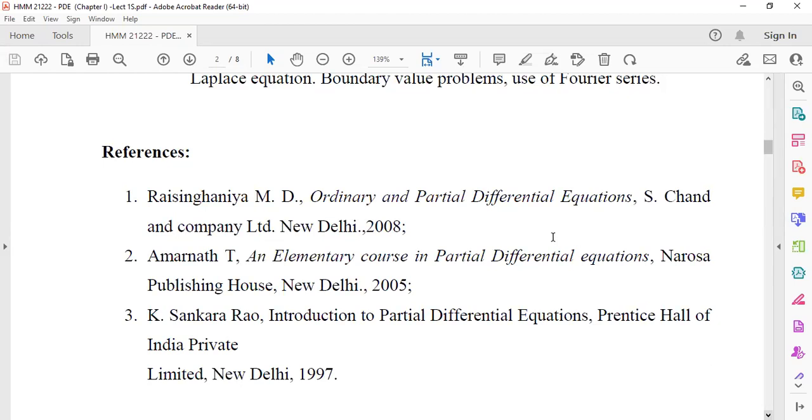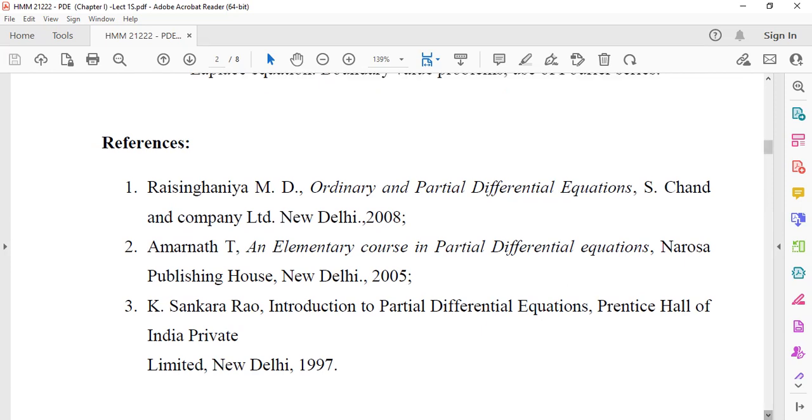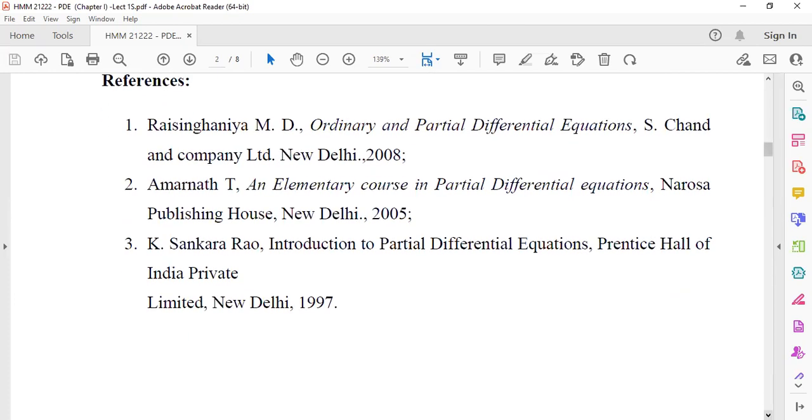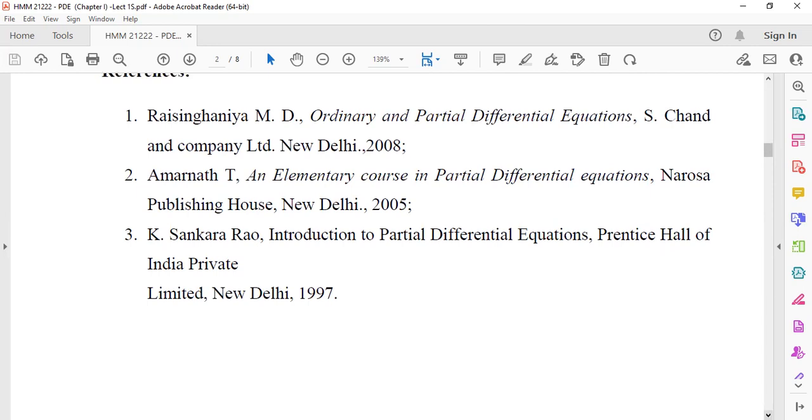You can find these books in our library. Some books may also be available online, so if you're interested, before coming here you can find them online, download and study as well. There are many books available online and in the library, so you can refer to everything.